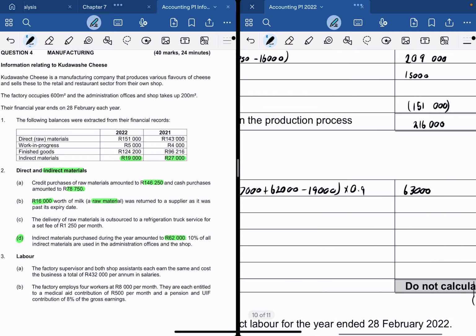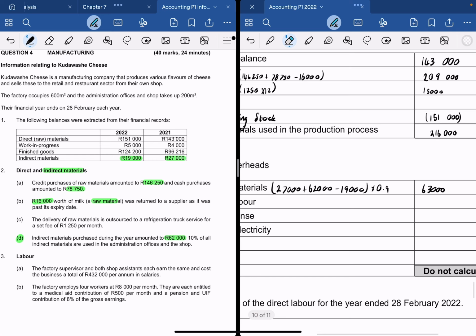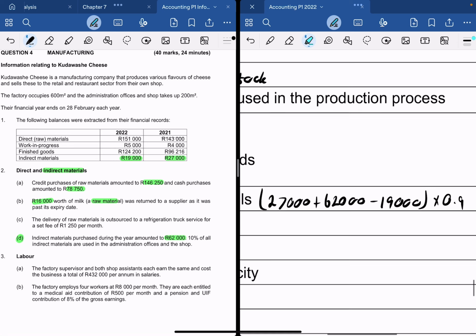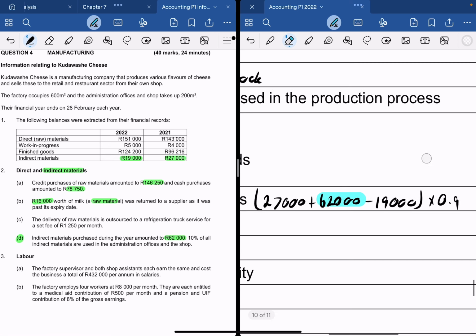So just a piece of advice is when you see questions like this, I've often seen students take the 62,000, times it by 90%. So they'll go 62,000 times 90%, but then take the full amounts of the opening and closing balance, which is not correct because 10% of, it says here, all indirect materials are used in the administration offices in the shop, which means the opening and closing balances, 10% of that is also not being used in the factory.